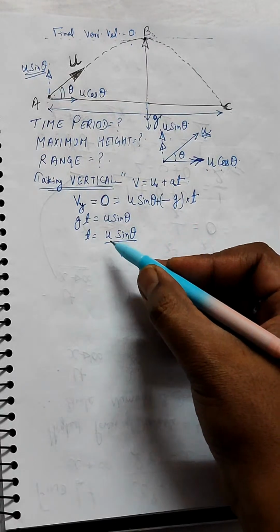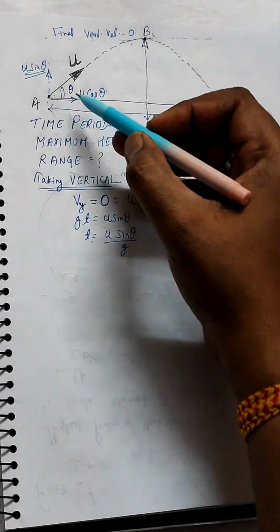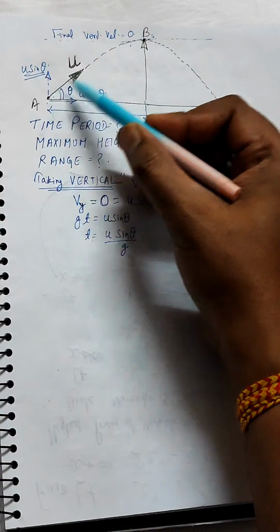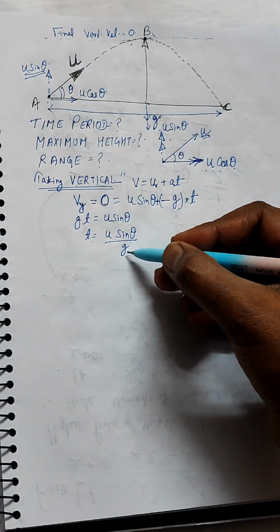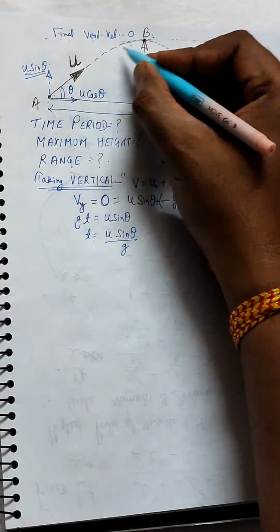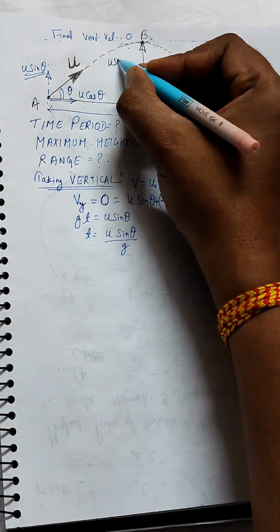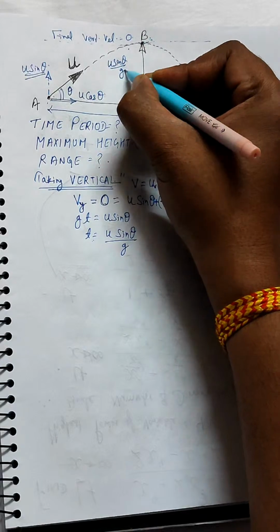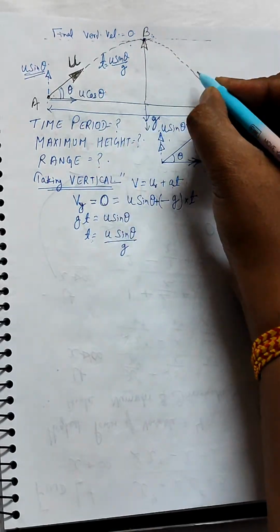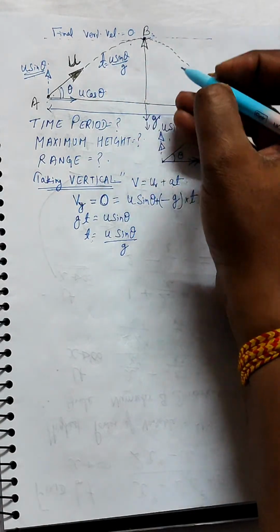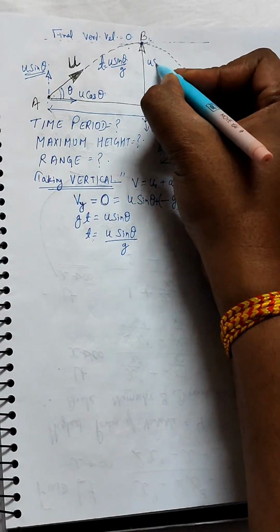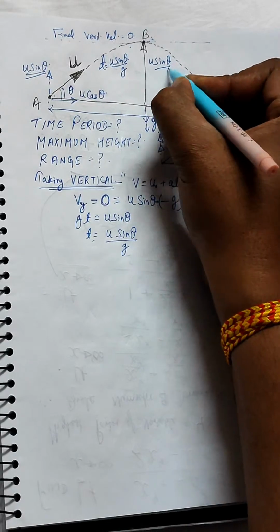So students, the time of the projectile from A to B is u sin theta by g, and from B to C again the same time will be required, that means u sin theta by g.